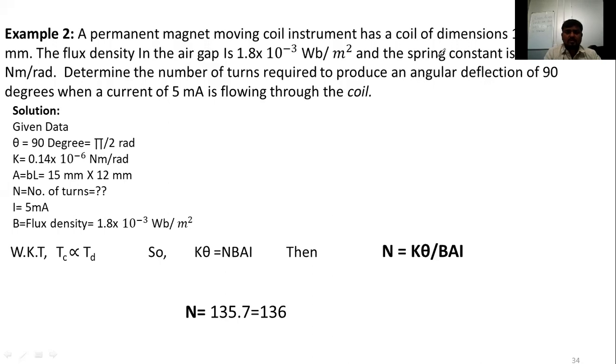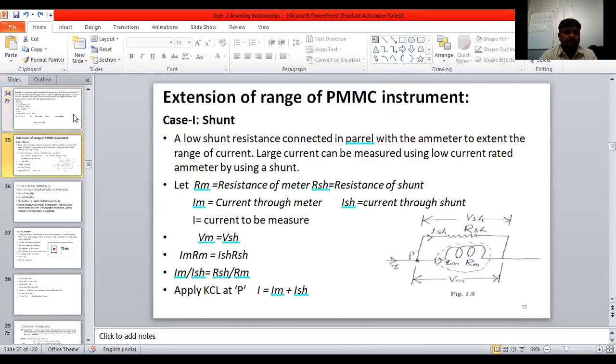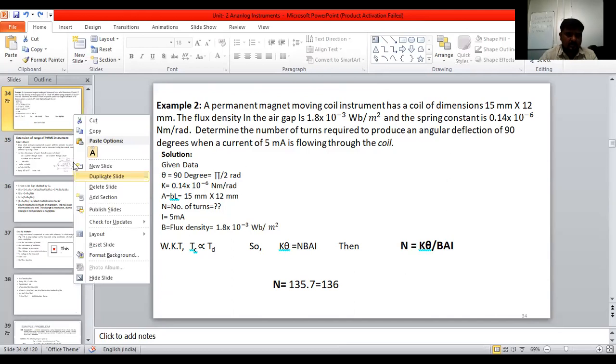Okay. For this same problem, I will just change some values. You people try to solve it. One more problem is this. I'll take this one, duplicate slide.